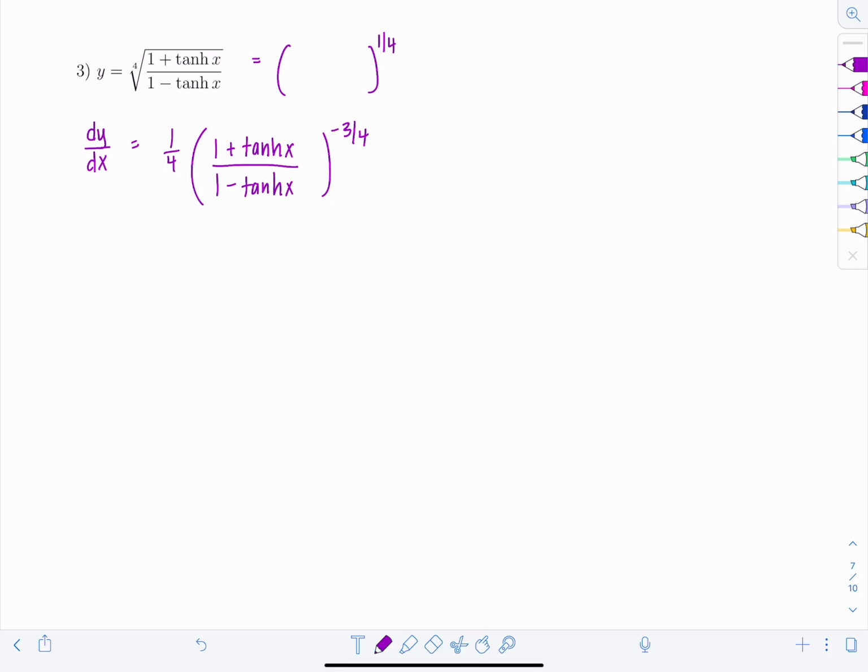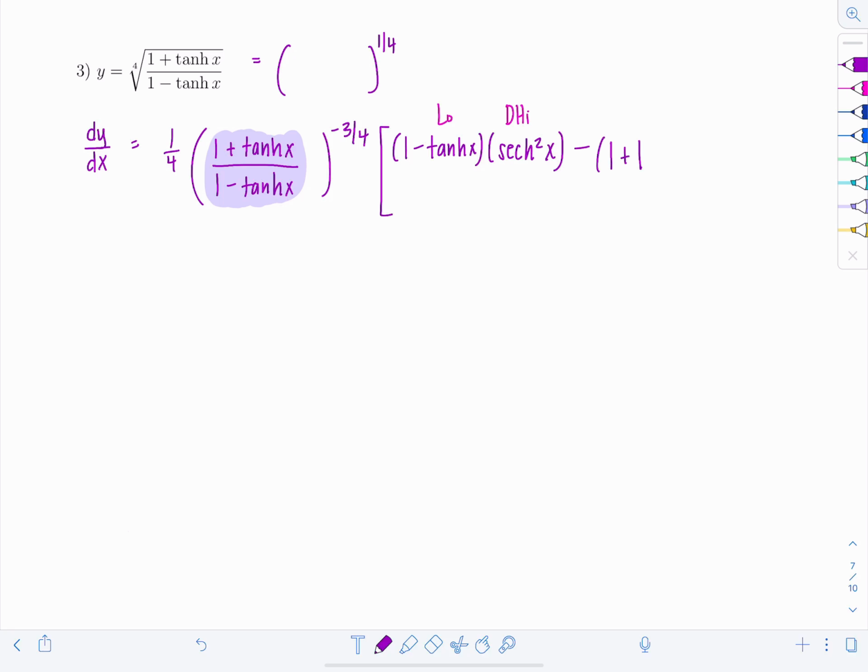Now we're going to use the chain rule and multiply by the derivative of what's inside. And what rule do I have to use? Quotient rule. Yes, very good. So here we go. We've got low d high. Okay, derivative of the numerator. Derivative of 1 is 0. Derivative of tanh x is sech squared x. So that's low d high. Low d high minus high d low.